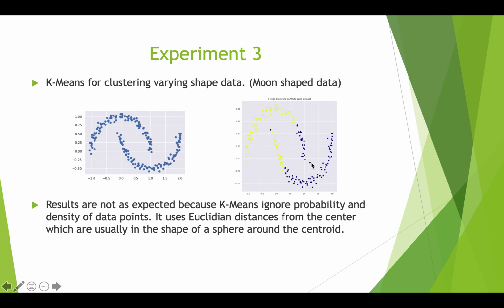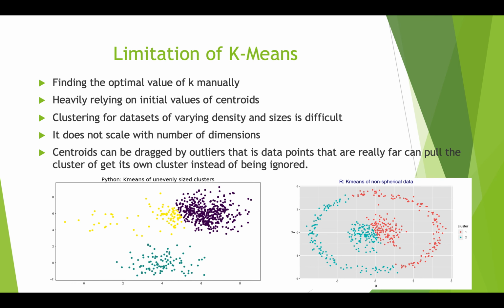And this centroid creates a cluster around it in a circular manner, and this centroid creates a cluster around it in a circular manner, and this is not the result we want. So this is where k-means fails, because it doesn't calculate the probability, it does not identify noise, and it does not identify varying figures when we have datasets in different shapes. So that's where k-means has a limitation.